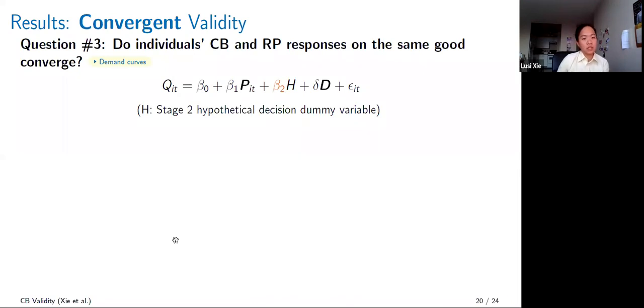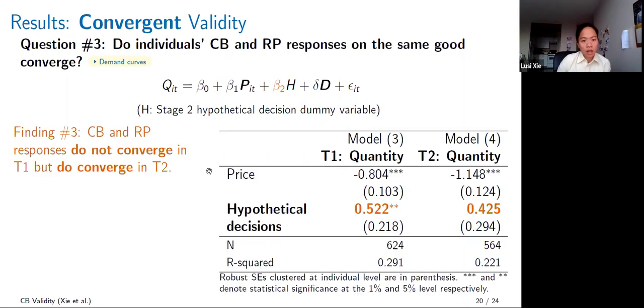And for convergent validity, the question we want to answer is, do individuals' CB and RP responses converge? Also here we run two OLS regressions, and the hypothetical decision dummy variable, or the indicator of CB responses, is our interest. The interesting part here is we see CB responses are significantly different from RP responses in treatment 1, but not significantly different in treatment 2.